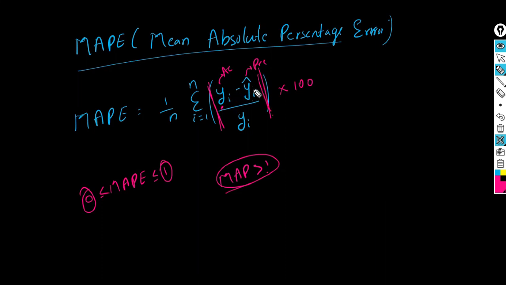If the predicted value is very high, it becomes more dominant. For example, if y hat predicted is more than 2 times y, at that time we will get a MAPE score greater than 1.